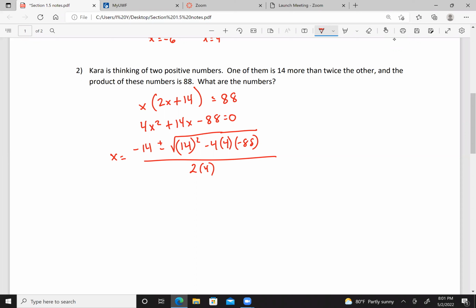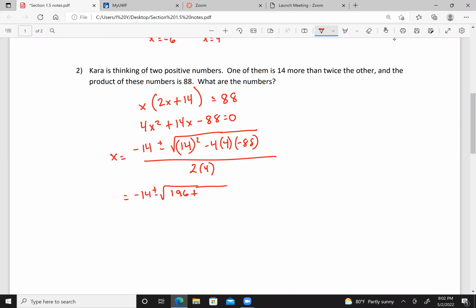So we have negative 14 plus or minus the square root of 14 squared, which is 196. Now I have a negative times a positive times a negative.